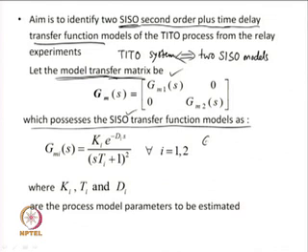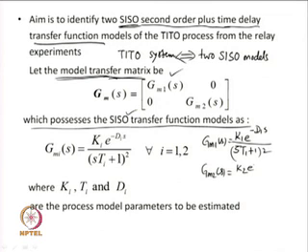That means GM1(s) will be equal to K1 e to the power minus D1 s upon (T1 s plus 1) square, and GM2(s) will now become K2 e to the power minus D2 s upon (T2 s plus 1) square.